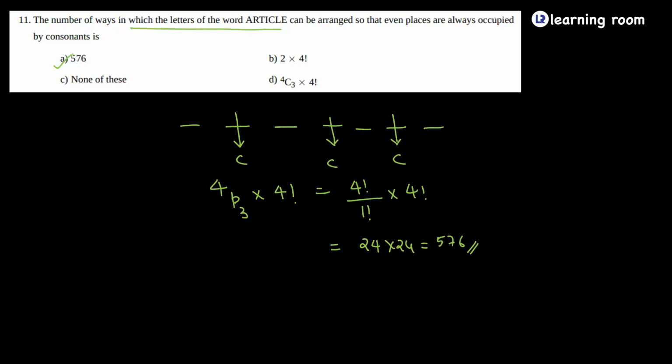But what about the 3 vowels plus 1 consonant? So those 4 letters should be arranged somewhere else. They didn't say that the consonants should come here and not use the 4th consonant. They didn't mention it anywhere. They want all the letters of the word article to be used. But the condition imposed is to make sure that in the even positions you have only consonants.